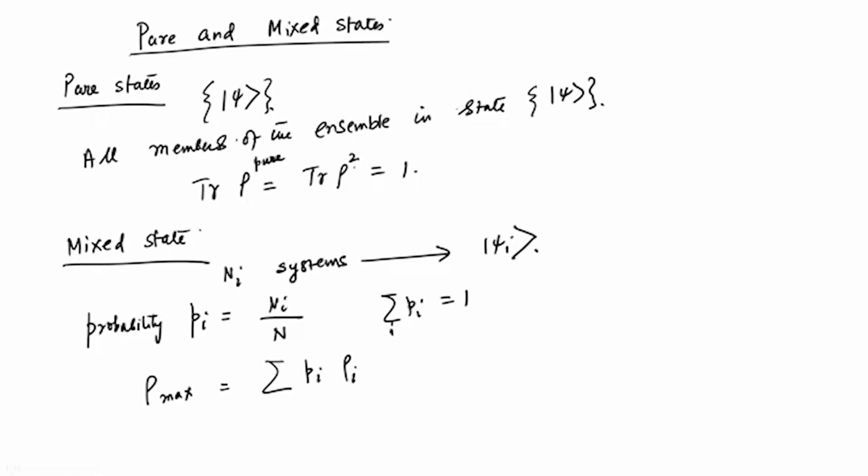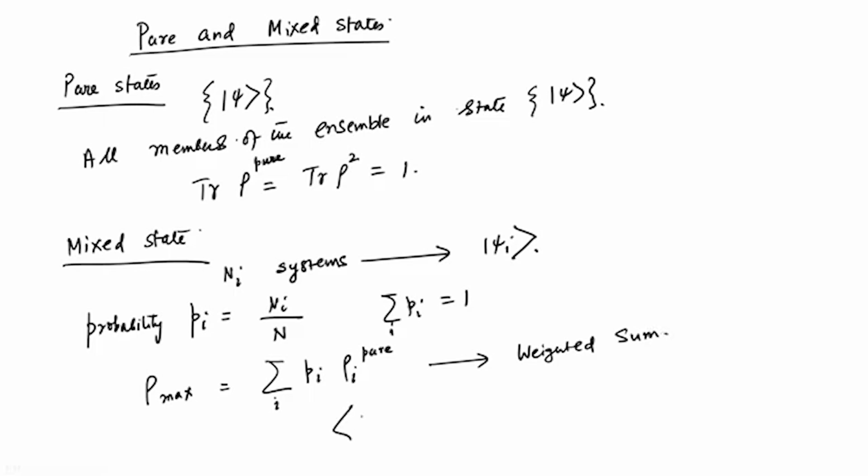So, pure, and it is also pure. So, these are pure states. So, you multiply the density matrices of the pure states by the probabilities, and this gives you what is called a weighted sum, or also a convex sum, and so on and so forth. Okay. This has some name.